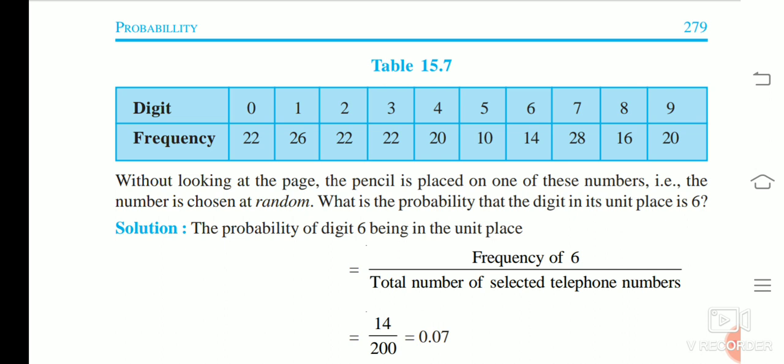Without looking into the box, you are going to choose any one color. Or you are going to toss a coin without any disturbance, and you are going to get the answer.